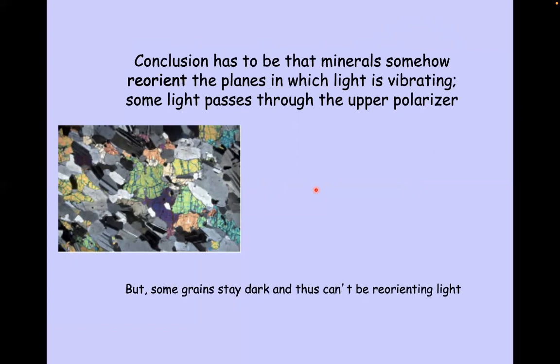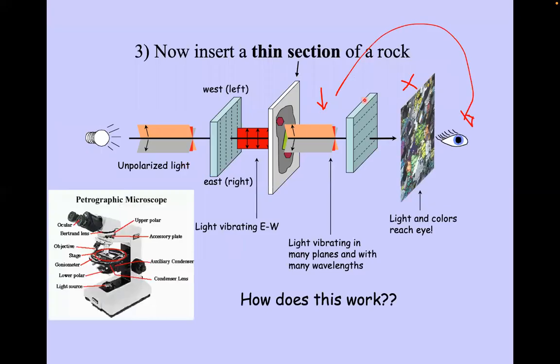Even here, you can see some grains stay dark, right? Staying dark means they do not pass the light after the second polarizer. Black means there is no light coming through. So the black minerals here cannot reorient the light. Only the minerals which are able to reorient the light can pass through here.